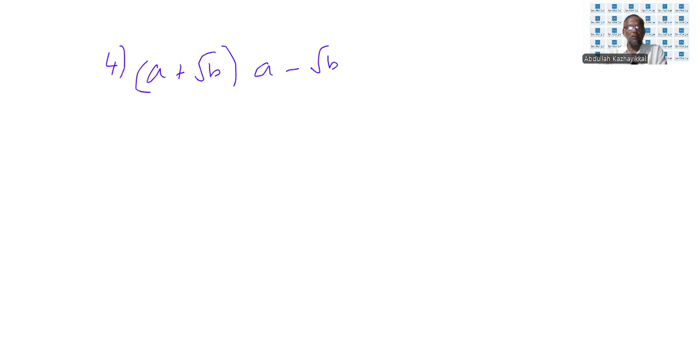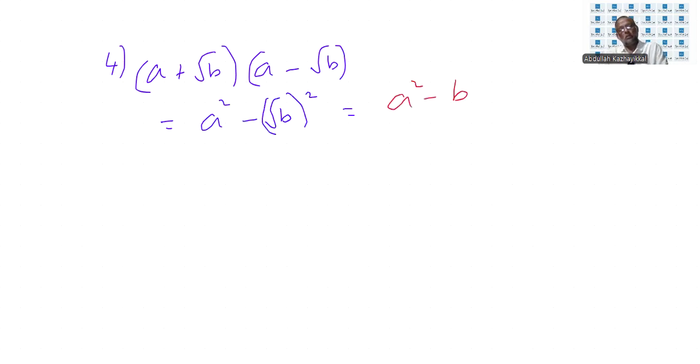It is very clear, the same identity: A square minus B square. B is root B. A square minus root B whole square, that is equal to, you can tell me now, A square minus B. Yes, exactly, A square minus B. Root of B square is equal to B. Yes, many examples we can do.